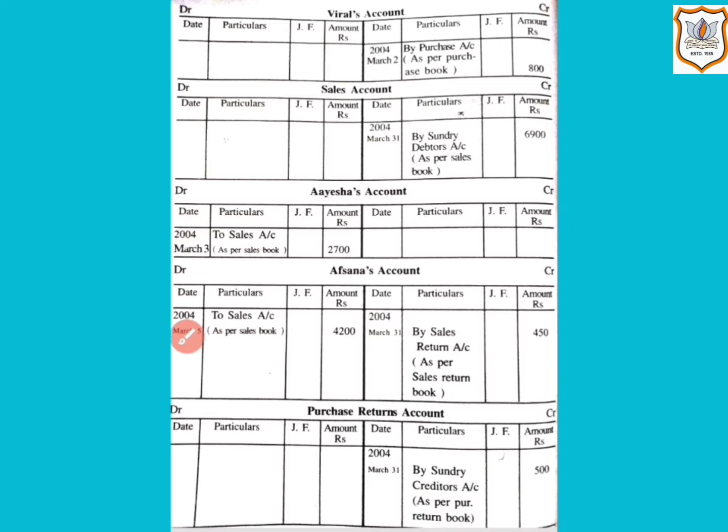Similarly, Viral's account is credited by rupees 800. That means 800 plus 1800 is equal to 2600. So you can see that the total of the amounts on the credit side, that is 1800 and 800, is equal to the debit side, and thus the double entry is completed.